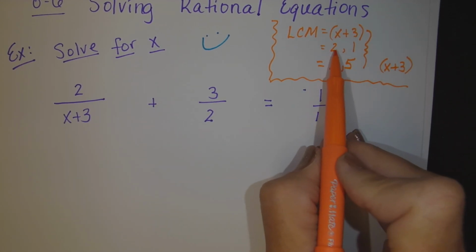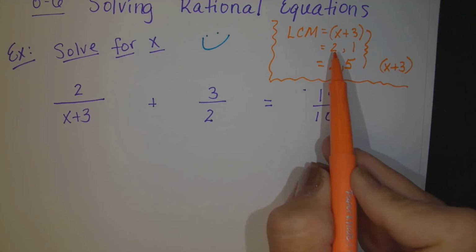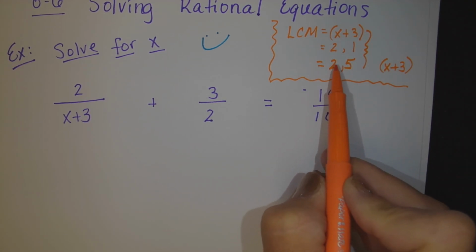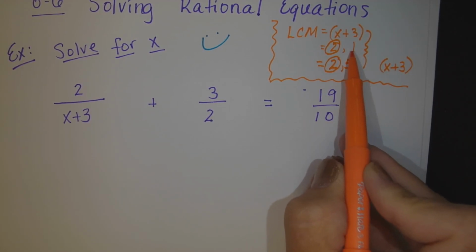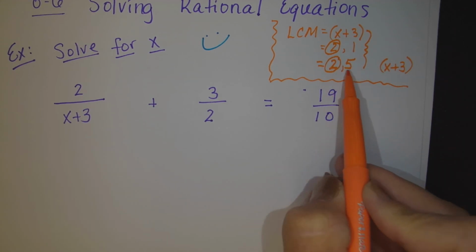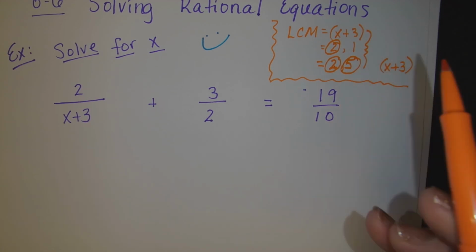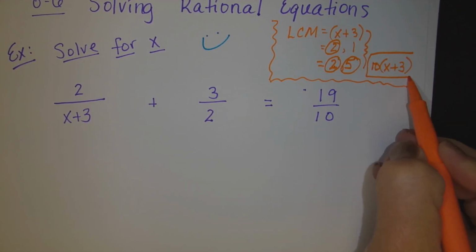Now, the most 2's I have is how many? 1 here and 1 here. So we're definitely going to have a 2. And what about 1? Don't need to talk about. 5. Do I have another 5 anywhere? No. So what is 2 times 5? 10. Here is our least common multiple.